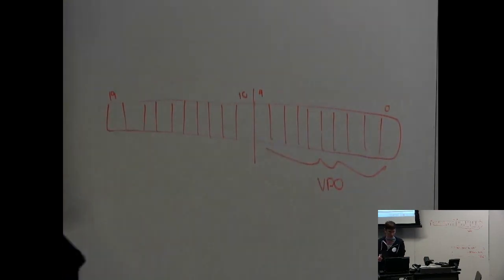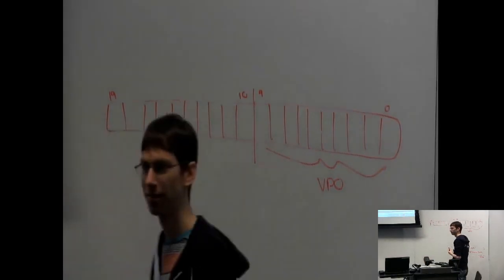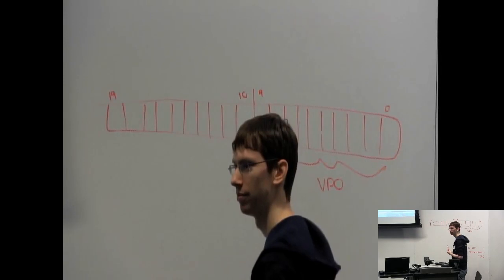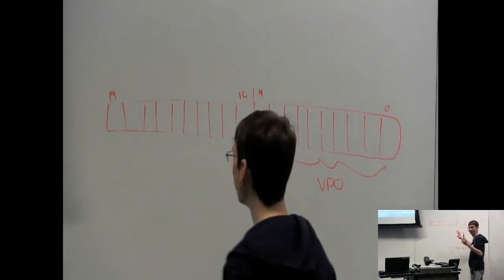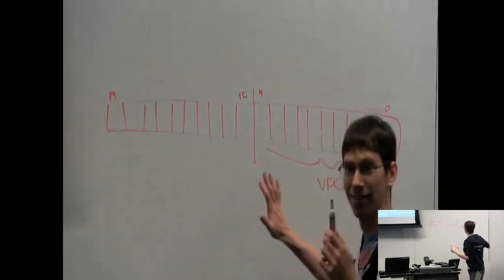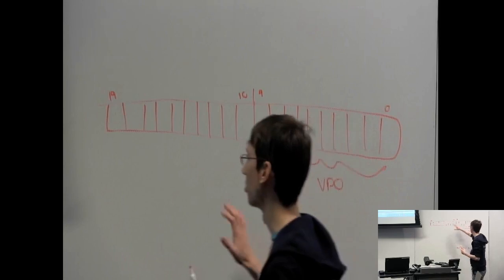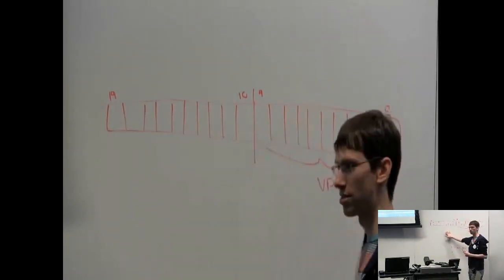Okay, and so then what bits are used for the virtual page number? Do we remember how these work? Let's remember how these are structured. We have the address, and it's split into two components, the page offset and the page number.